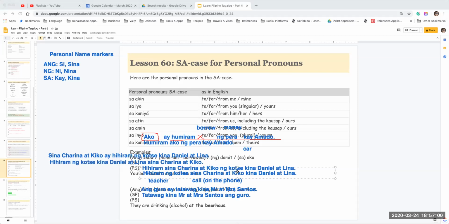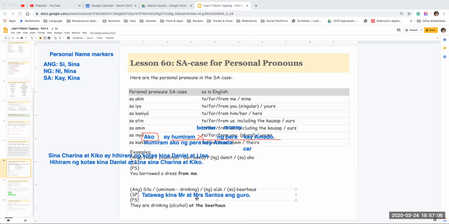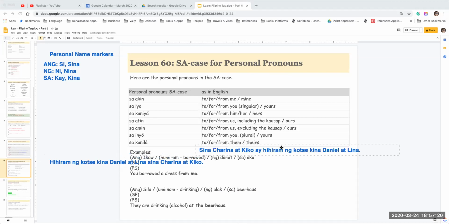I will remove this. All right. So what I want you to do is you are going to replace the words, you already know what they mean anyway.